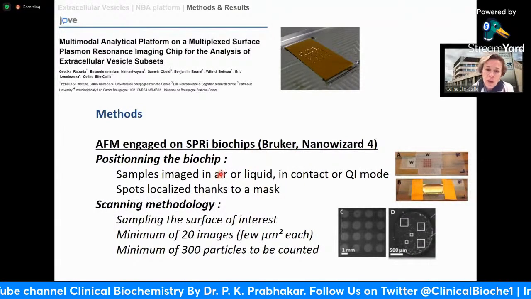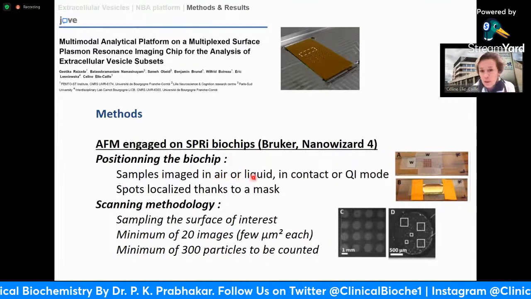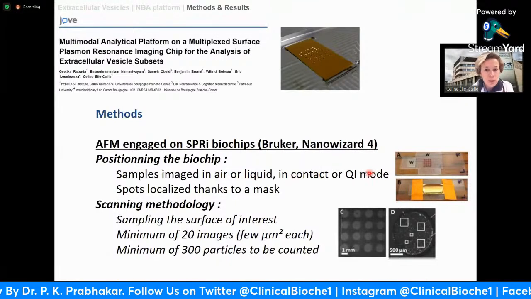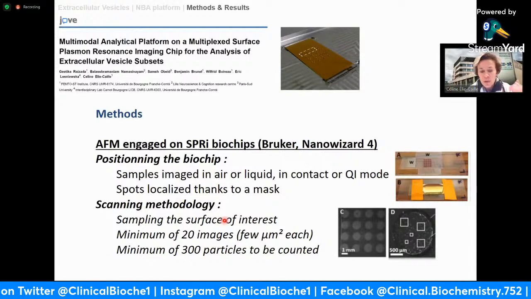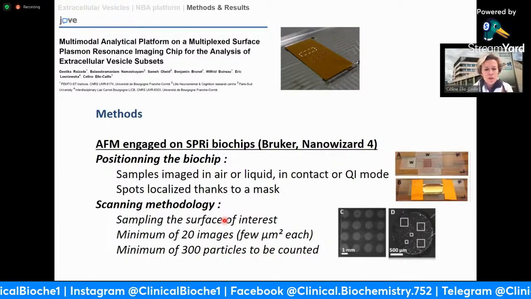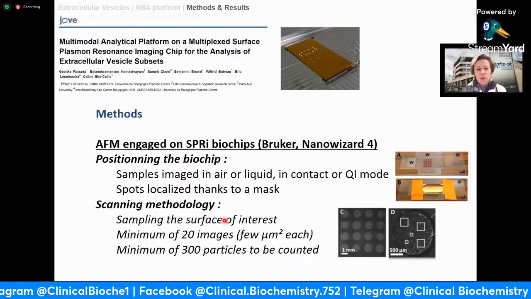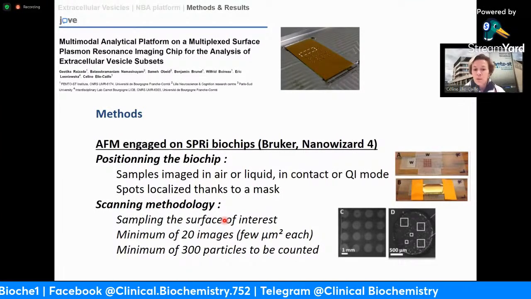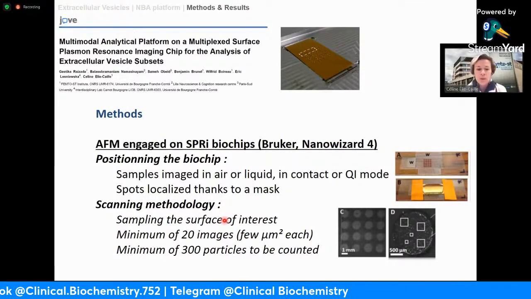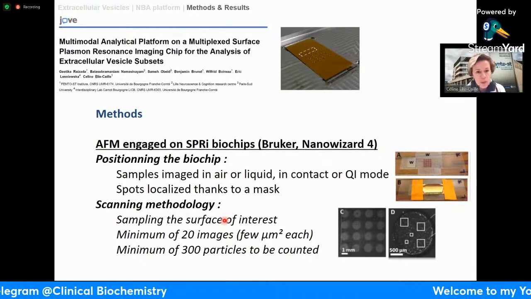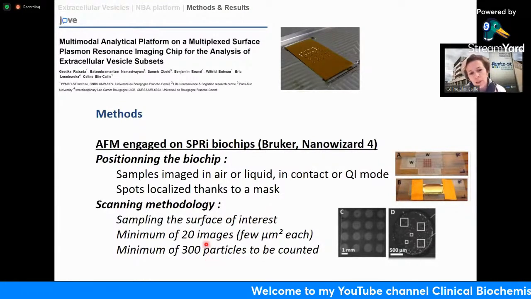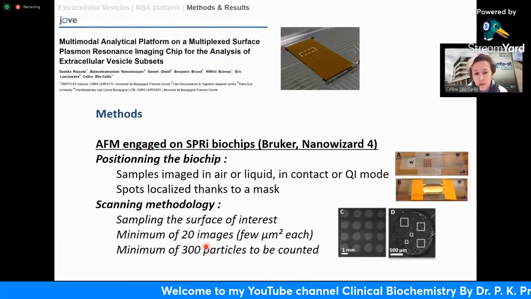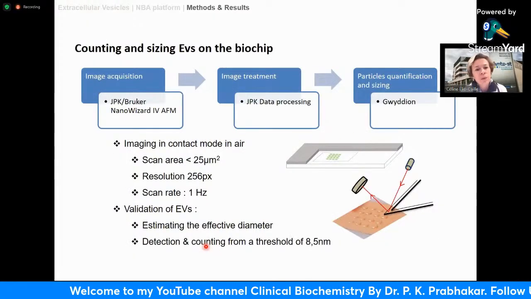We launched either in air or in liquid imaging, in contact or quantitative imaging mode, and then we established a rigorous methodology in order to obtain a sufficient number of images and then of particles to have a representative view of what happens at the level of the spots and of the chip. So we determined that we needed to collect at least 20 images and count 300 particles to have a robust view of that characterization.